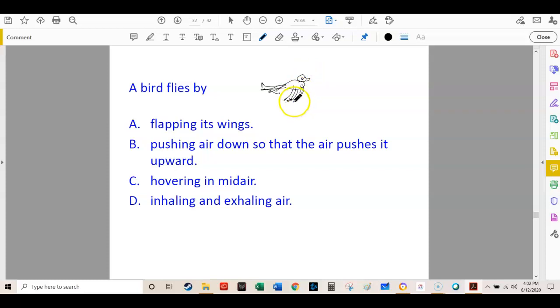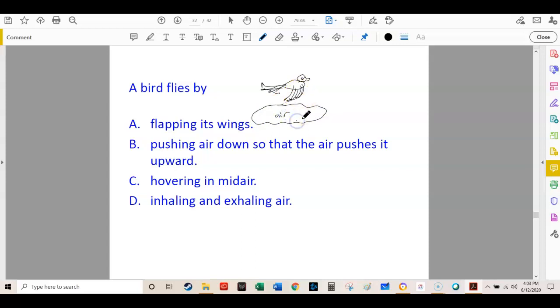So basically what's happening is the wings are pushing down on the air. So just imagine a big poof of air, right? Let me remove that arrow, actually. So I'm going to imagine that there's just a big poofy air. So this is just air right here.